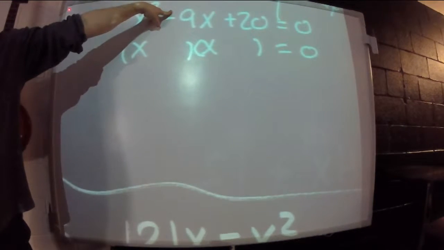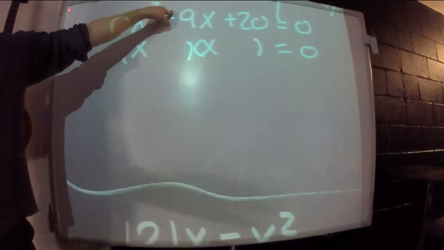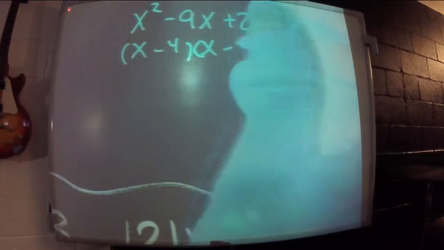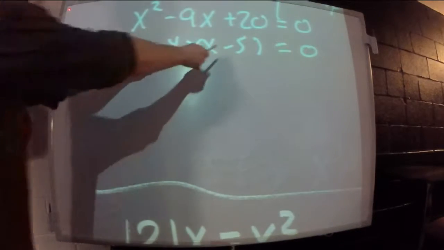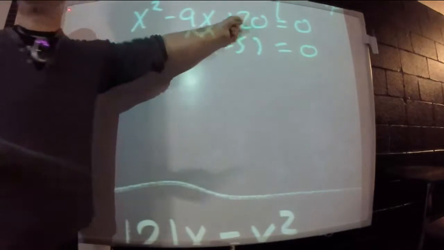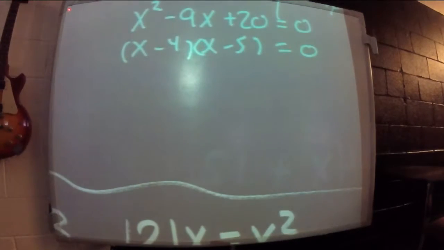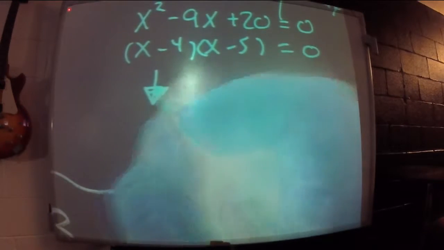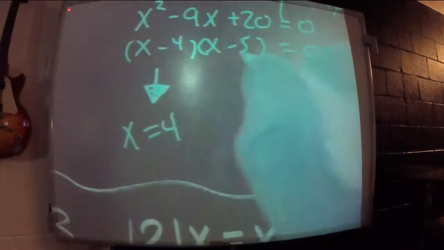Negative 4 and negative 5. Negative 4 and negative 5 add together and make negative 9, and multiply to give you positive 20. That's it. Then set this equal to 0, and that's going to give you x equals 4, x equals 5.